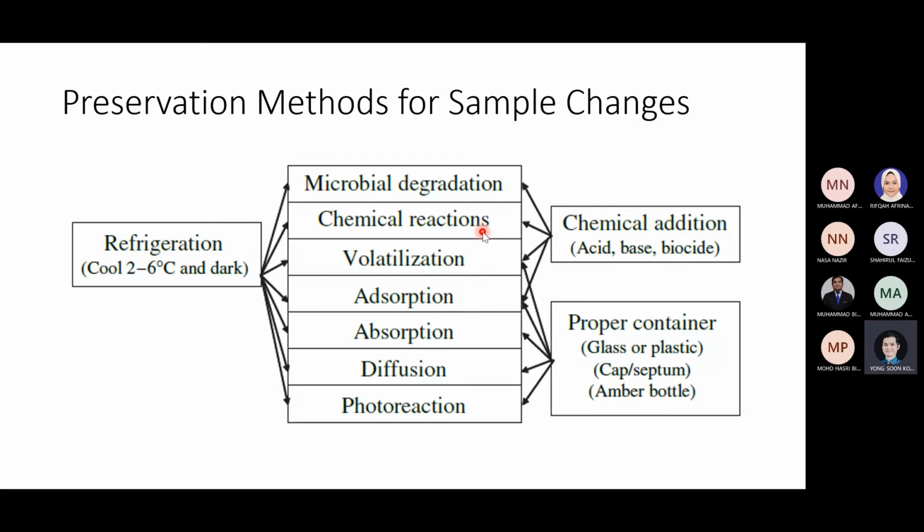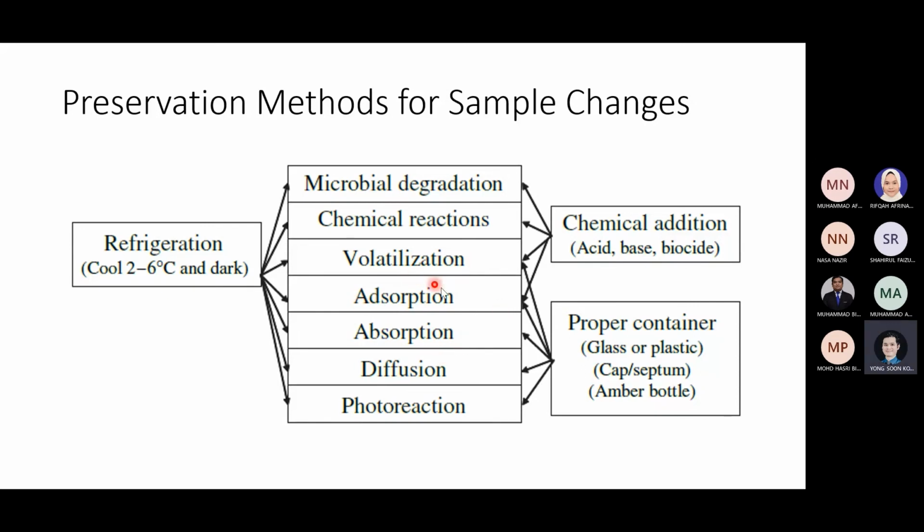When we collect samples, we are also changing the chemical properties of the water. And there's a possibility of volatilization, because some analytes can volatilize, just like what I showed you, VOC, SVOC, and also ammonia. And this is a natural process, adsorption and absorption.